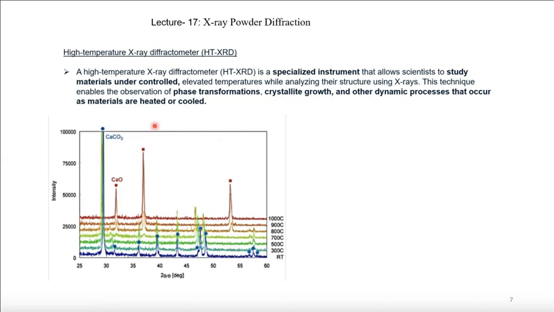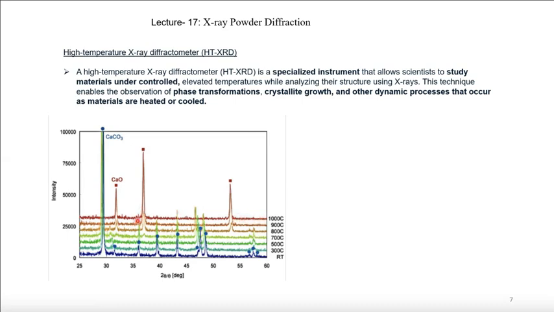An example of a high temperature powder pattern technique is a sample like calcium carbonate. What happens when we heat it? These are the X-ray diffraction patterns with temperature: 300 degrees, 500 degrees, 700 degrees, 800 degrees, 900 degrees, and then 1000 degrees.